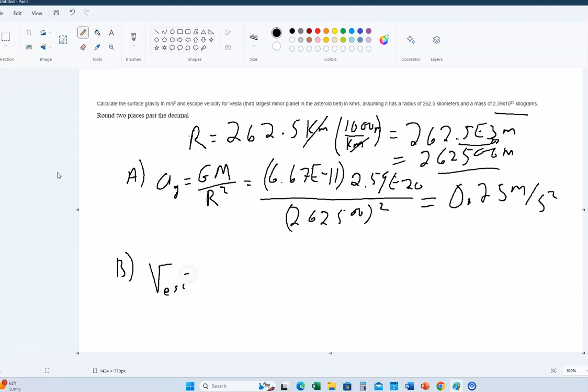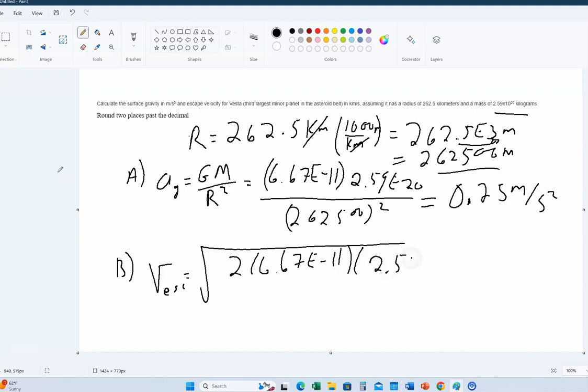The escape velocity is the square root of 2 times big G, which is 6.67 times 10 to the minus 11th, as it always is, times the mass, which was 2.59 times 10 to the 20th, and then we just divide by the radius in meters, so it would be 262,500.